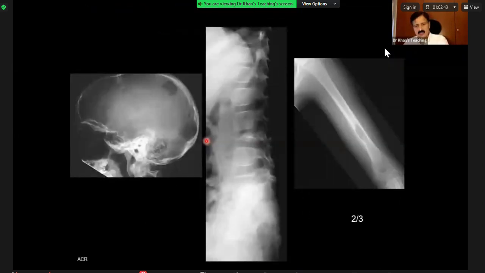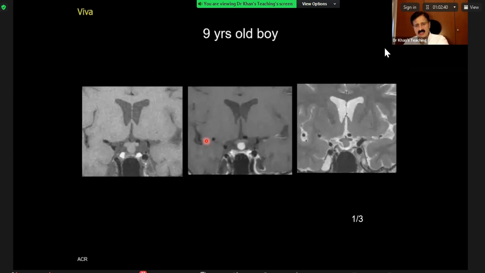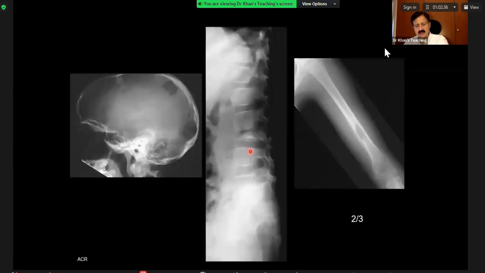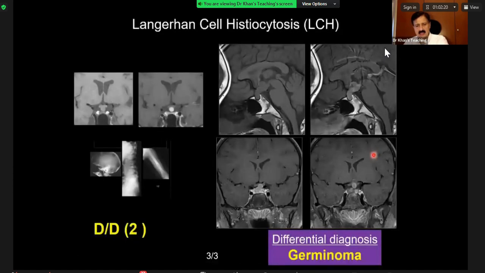These cases can come in as a long case: infundibular involvement with stigmata of MSK or bone Langerhans cell histiocytosis, vertebra plana, and aggressive looking lesions in other bones also. This is another example where there is thickening of the infundibulum.